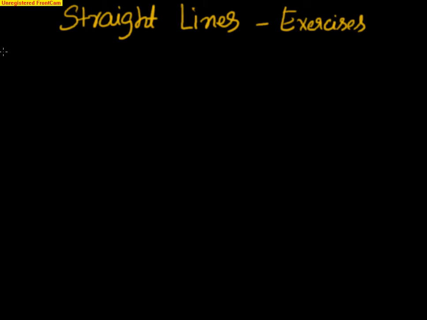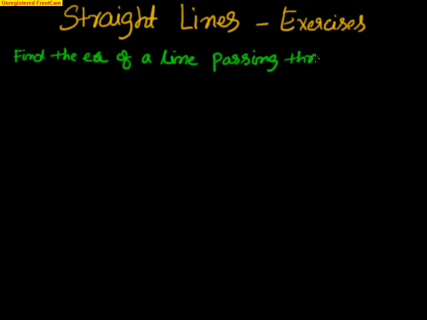This is the problem. The problem says: find the equation of a line passing through the point 5 comma minus 3. Whenever you see these coordinates, it's nothing but a point.